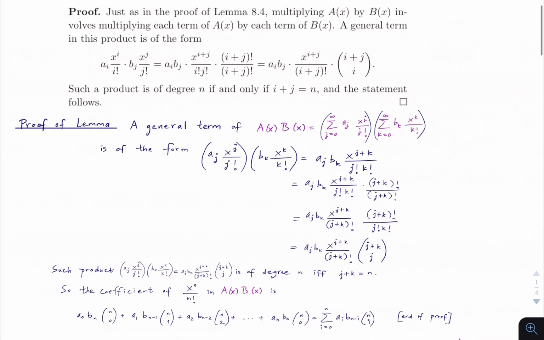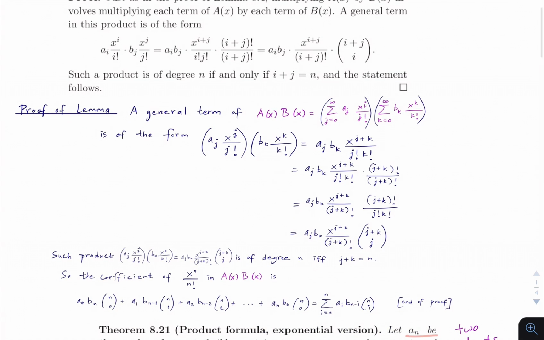And the proof is similar to before. So when we take the product of these two power series, we will get general terms of this form. If I multiply them, I have a sub j times b sub k, and x to the j plus k divided by j factorial, k factorial.